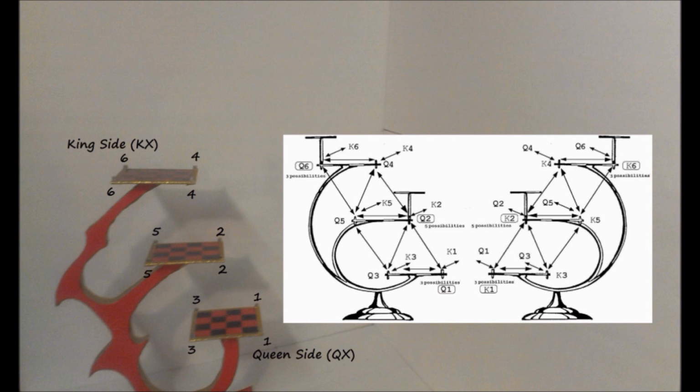Pins 1 and 6 have 3 adjacent pins. Pins 3 and 4 have 4 adjacent pins. Pins 2 and 5 have 5 adjacent pins, as shown in this diagram. Also, only empty attack boards may be moved to an inverted pin position.